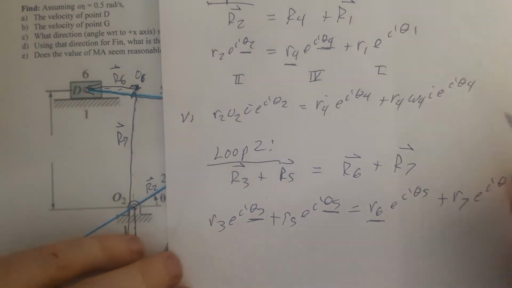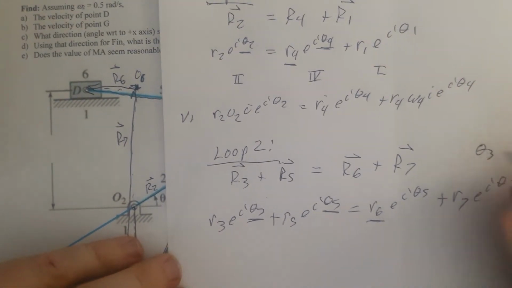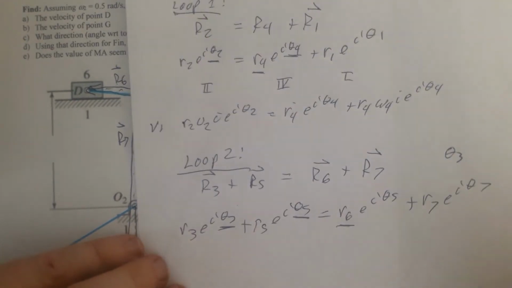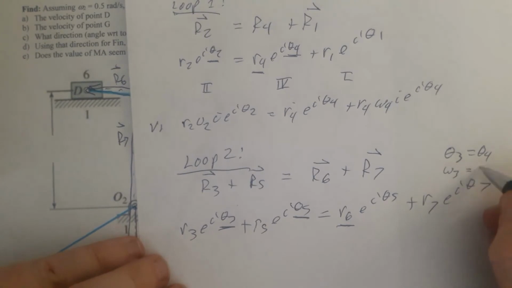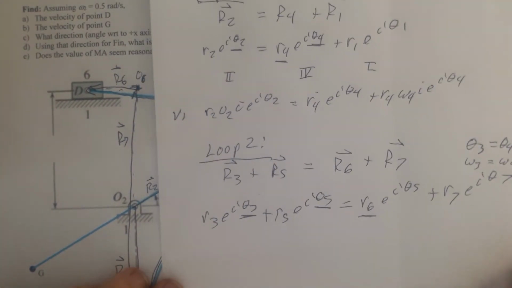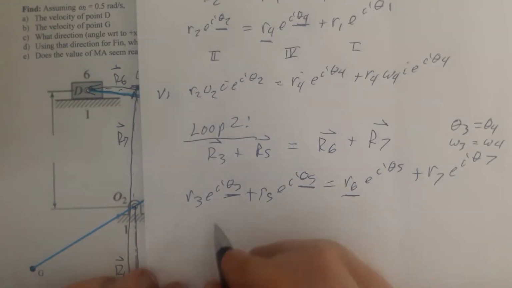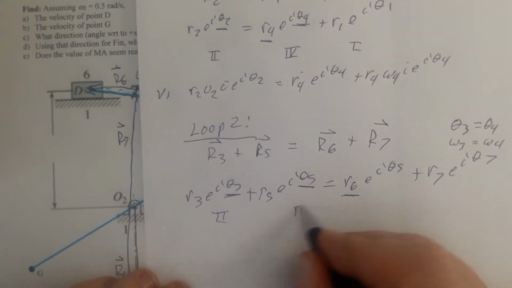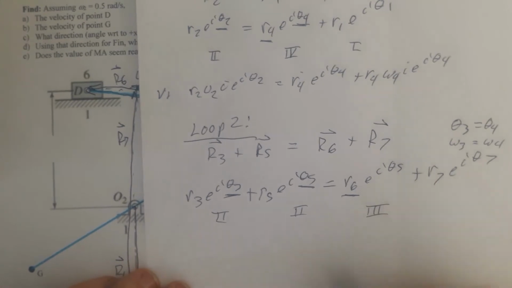At some point, I also should note that theta 3 equals theta 4, so omega 3 will be equal to omega 4. And so I've got a type 2 vector, and a type 3 vector.